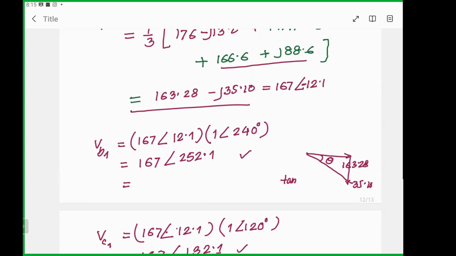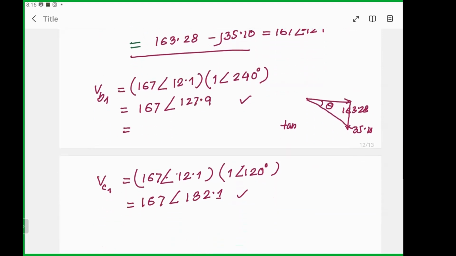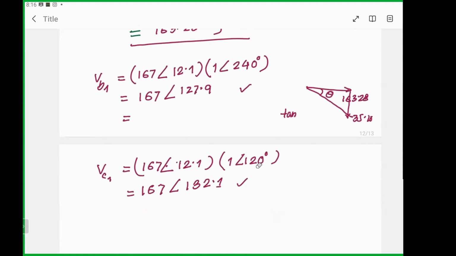And then this one would become equal to, it would be 137, not 27.9. And this one would also be negative. And this will be giving me 107, right?